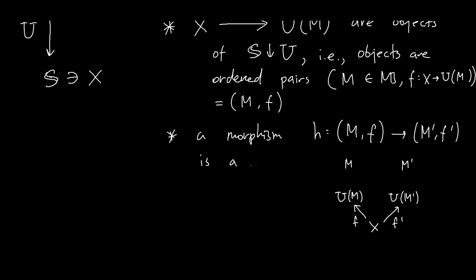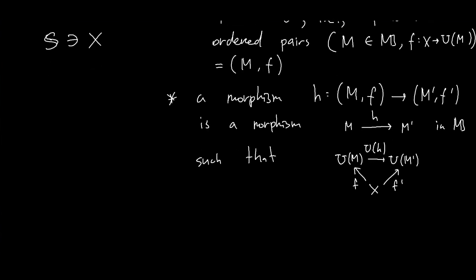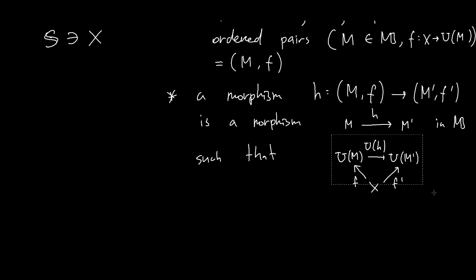So a morphism from M to M prime in the category M, such that this triangle with the U applied to this morphism is commutative.